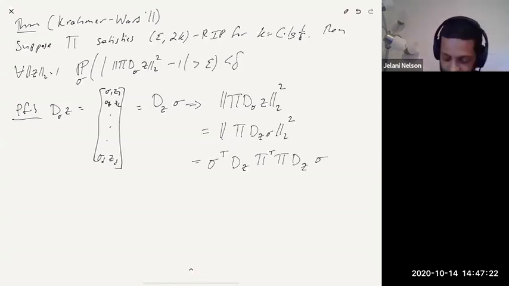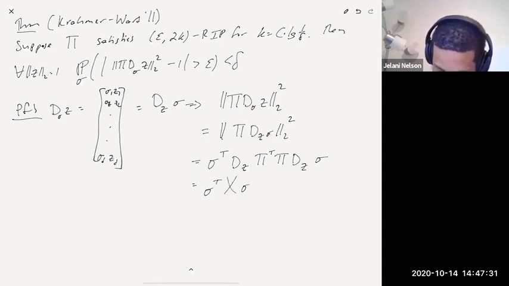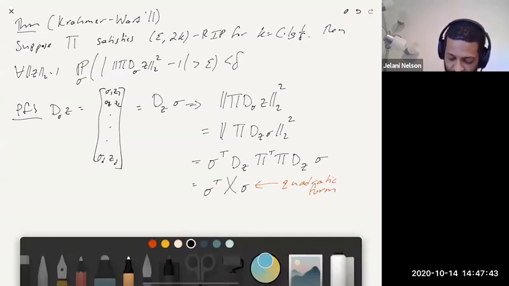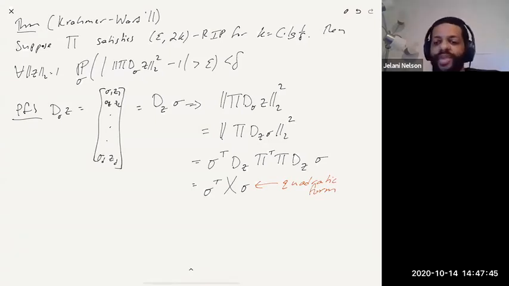And I can write this as sigma transpose X sigma, where X is some matrix. And this is a quadratic form. So as you might imagine, we could hope to use something like Hanson-Wright to say that it's concentrated about its mean. Okay.